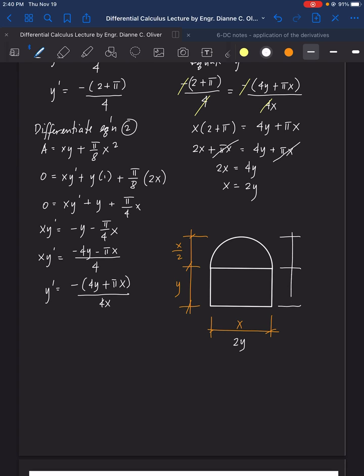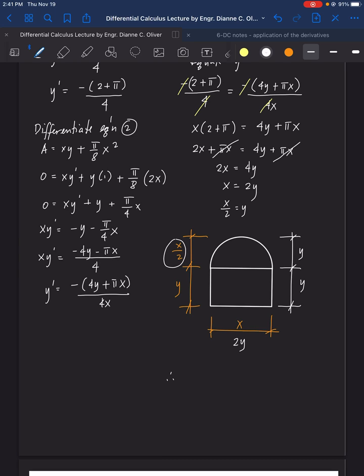Therefore, what is the height? The width of the normal window is 2y. What is the height of the normal window? So x over 2, meaning this is y, and also y there, because x over 2 is equal to y.